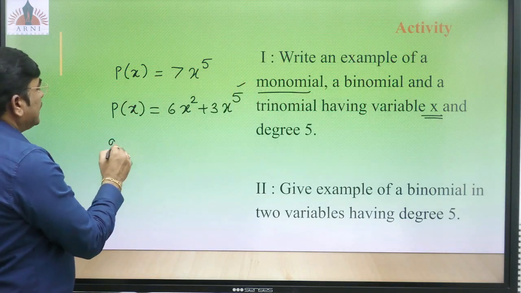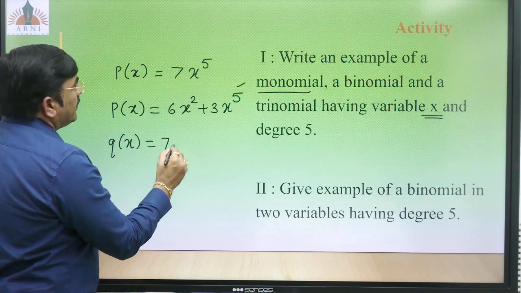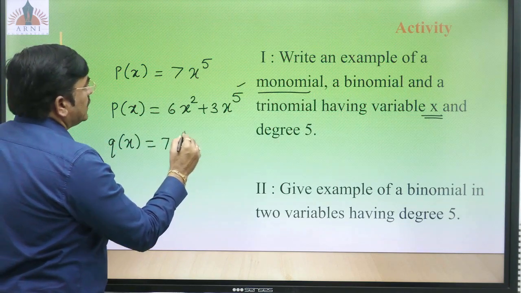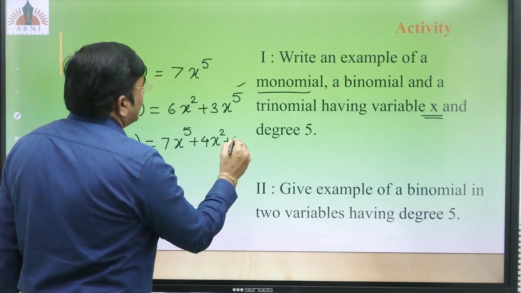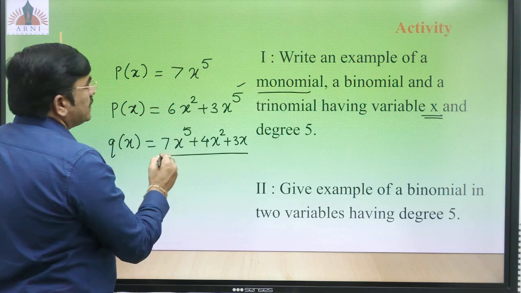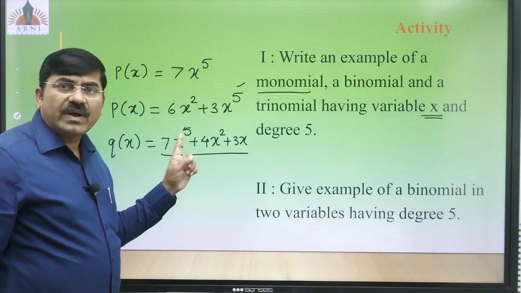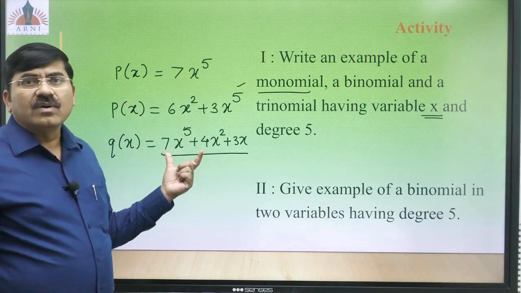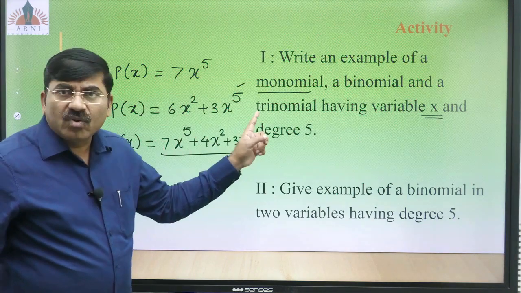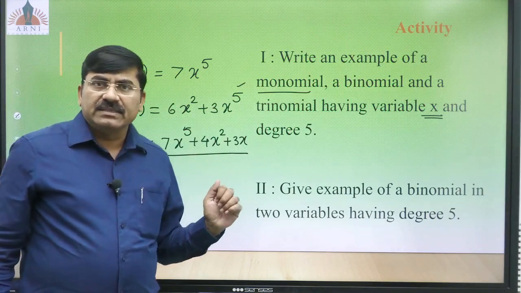Similarly, if I write something like this, q of x is equal to 7x raised to 5 plus 4x squared plus 3x. In this case, 3 terms are written and the highest power is 5. That is why we say it is a trinomial with degree 5, like that it is.